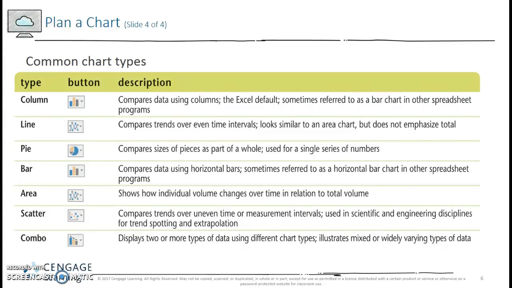An area chart shows how individual volume changes over time in relation to the total volume. A scatter chart compares trends over uneven time or measurement intervals.